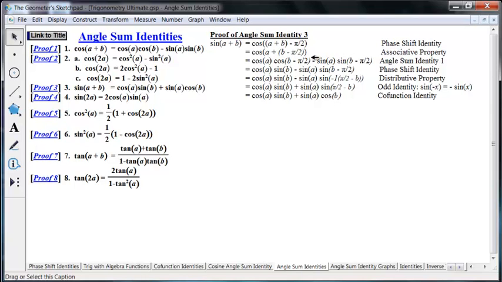So that's cosine A, cosine of B minus pi over 2, minus sine A times sine of B minus pi over 2. Cosine of B minus pi over 2 is the same phase shift identity we used in the first step. Using it the other direction, this becomes sine of B.